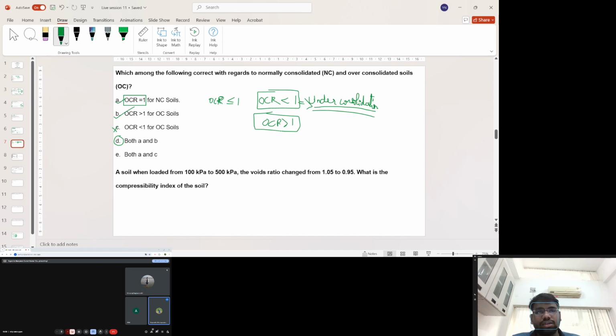That is why this confusion arises. But the analysis we do in common notion during undergraduate studies is either OCR less than 1 or OCR greater than 1.